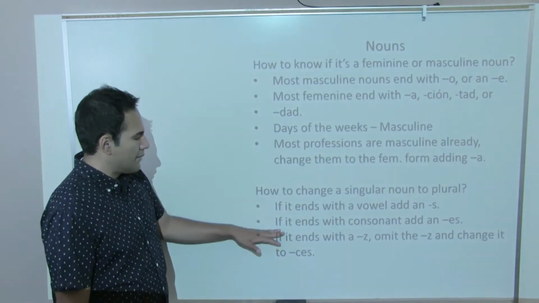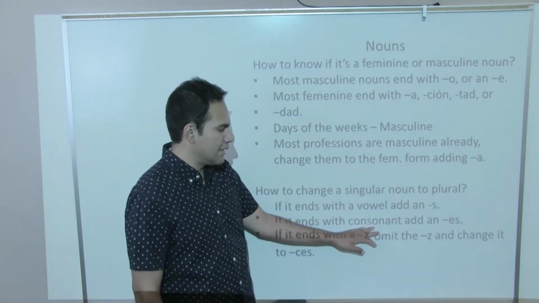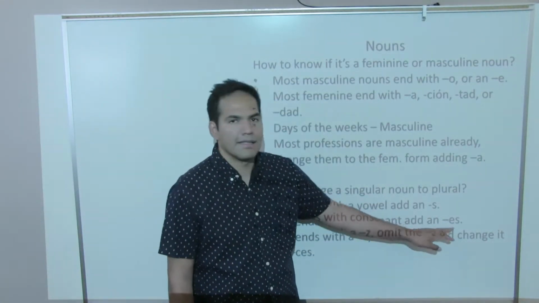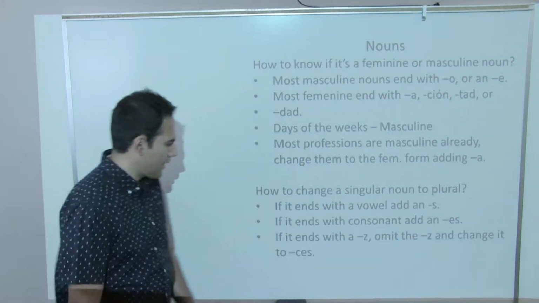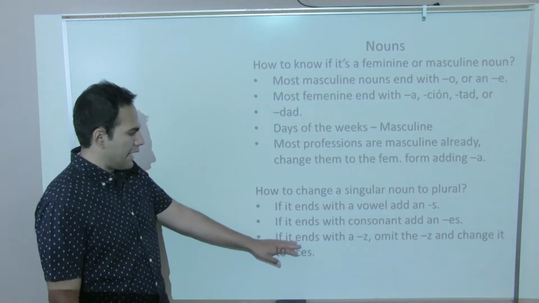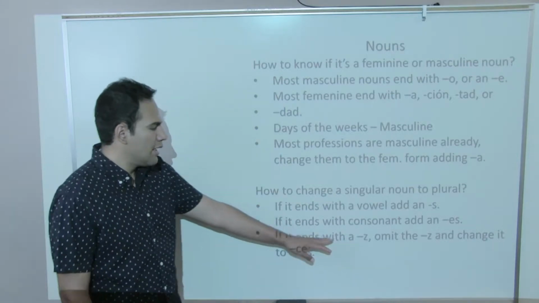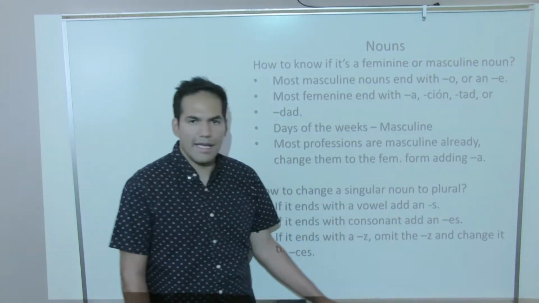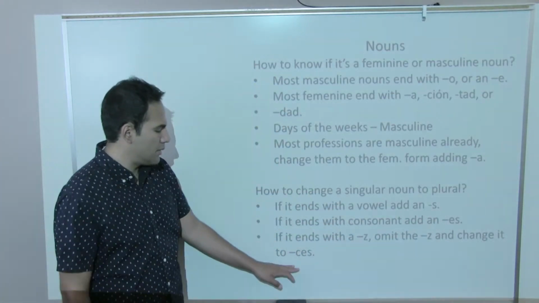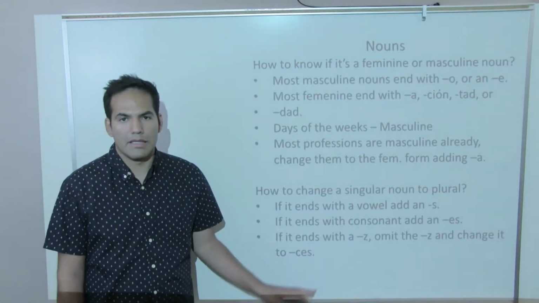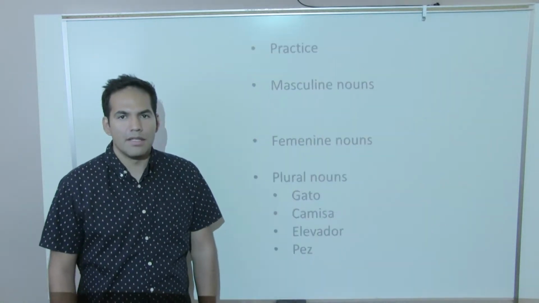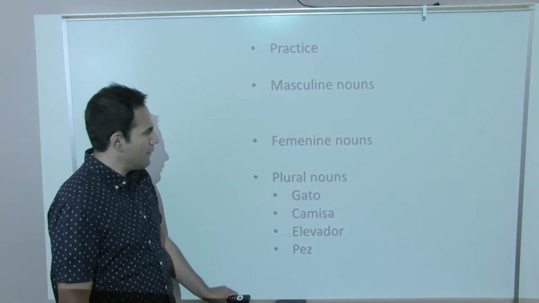If it ends with a consonant, then we're going to add an ES at the end. And lastly, if it ends with a Z, we're going to take the Z out and change it to CES to make it plural. Okay? So now let's do some examples, okay?